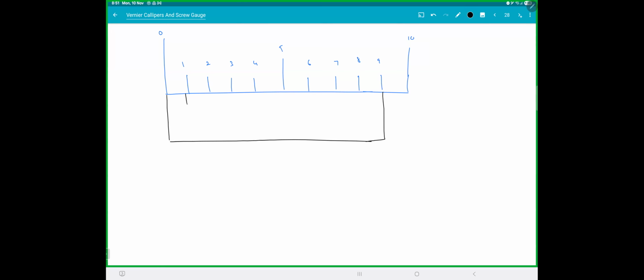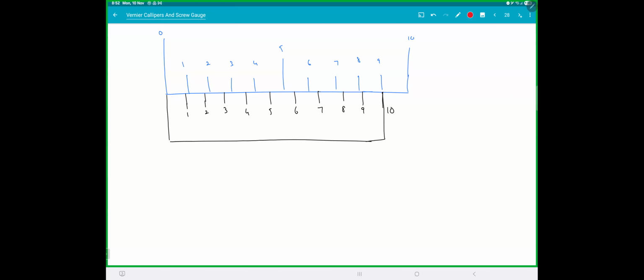So this will be 1, this will be somewhere here 2, this will be 3, 4, 5, 6, 7, 8, 9, 10. Do you agree with this? The 10th division of Vernier will match with the 9th division of main scale. Because this is 9 mm, 10 into 0.9, this is also 9 mm.